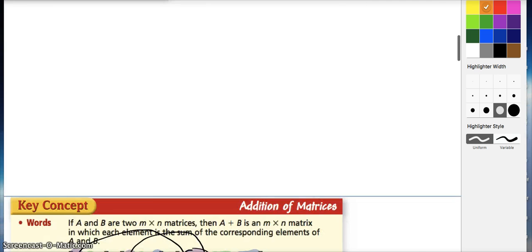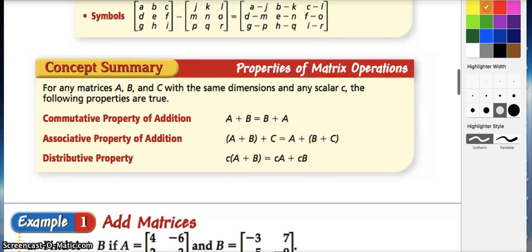So we see here that if I have a scalar and I am going to multiply that scalar times the sum of two matrices, it would be the same as if I multiplied that scalar by one matrix and then added that to the next matrix multiplied by that same scalar.